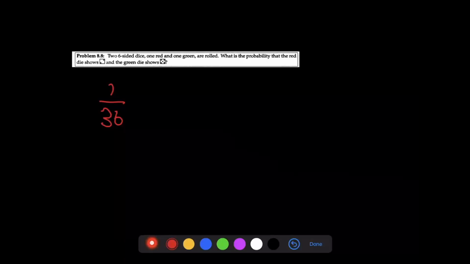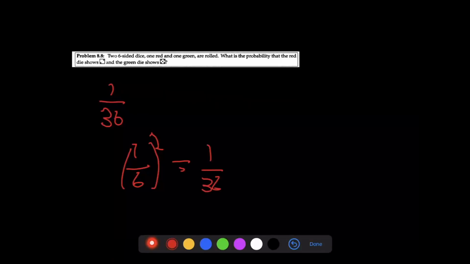What we can also do is multiply them together, because adding led to ORs, so maybe AND is multiplication. So 1/6 squared ends up giving 1 over 36.